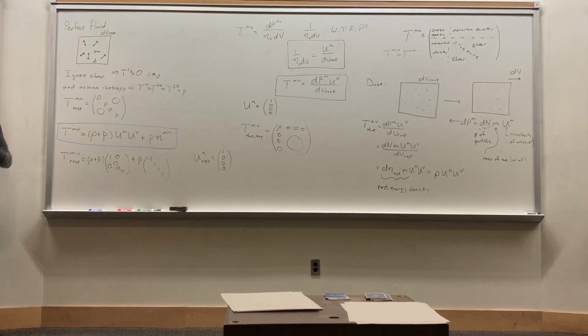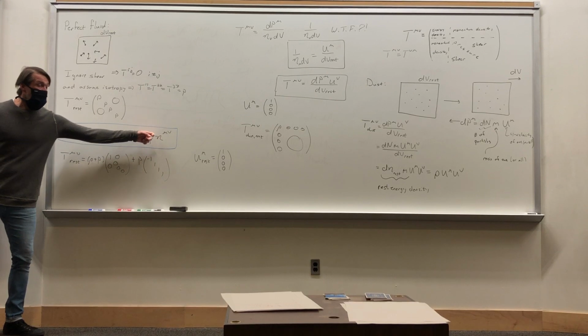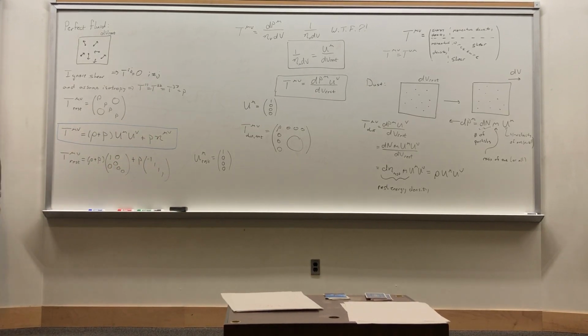Okay? So you can boost, you can rotate, you can do whatever you want. There'll be a u vector associated with that, and calculating the right-hand side will give you the corresponding energy momentum tensor for whatever frame you boosted or rotated to. Okay?